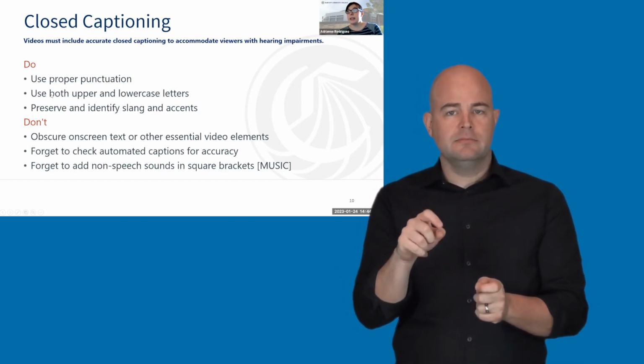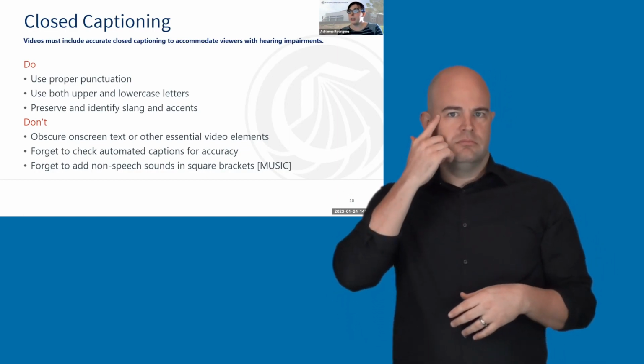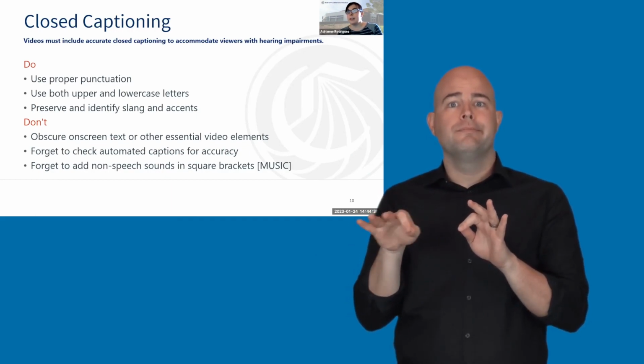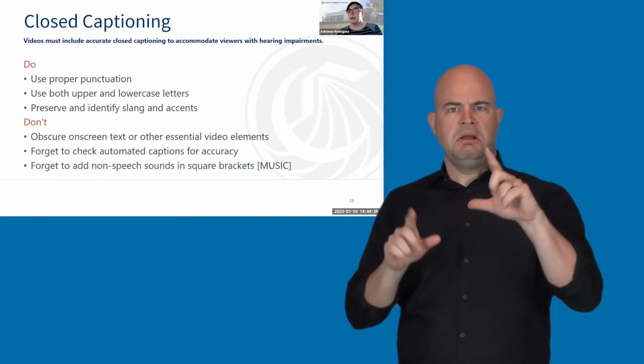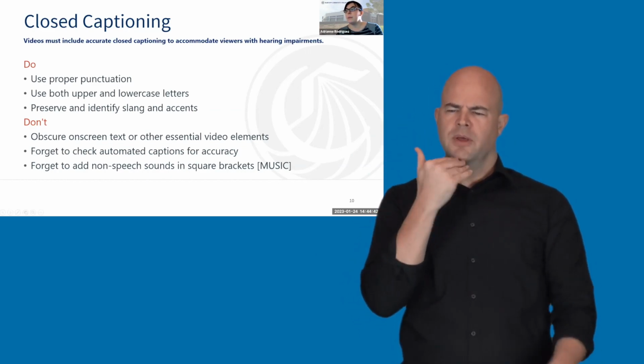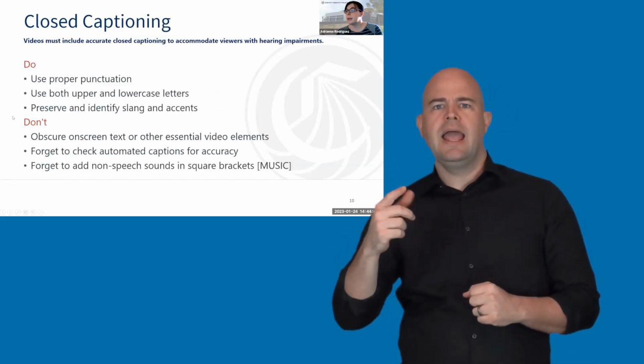Use upper and lowercase letters, just as if you were typing a lecture. You don't want your captions to just be run-on sentences, no uppercase. You want to make sure it's typed out nicely, and you want to preserve and identify slang and accents. Ooh, getting ahead of myself.